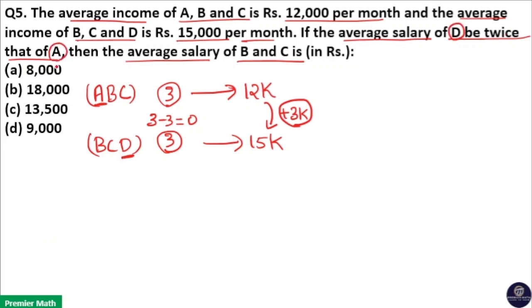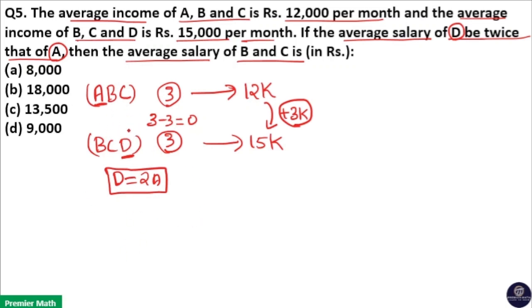That means D has more salary than A. So when D replaces A, there is an increment of 3,000 rupees. So D is equal to 2A as per the question. D has more salary. So when the left hand side difference is 0, take the difference in data on the left hand side.